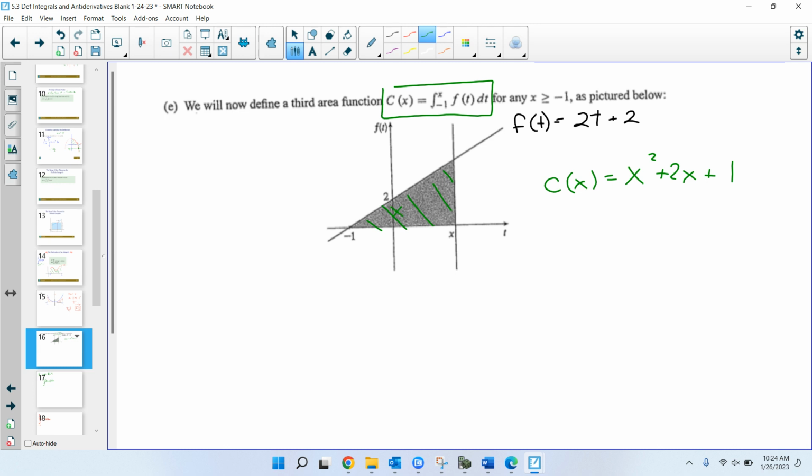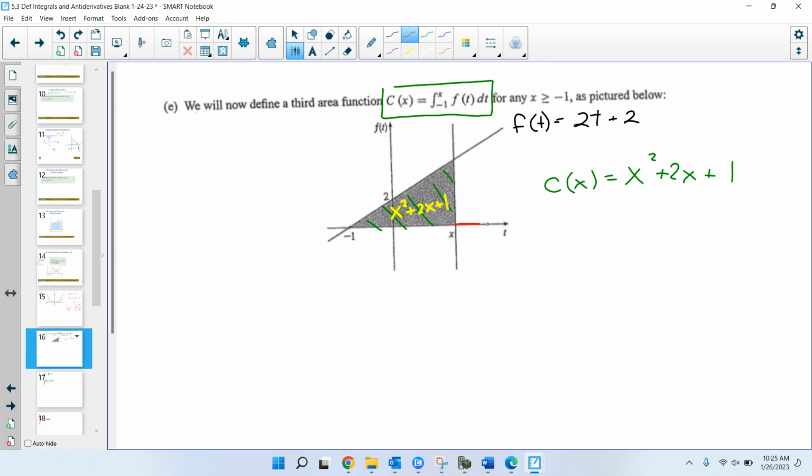That, x squared, not a good color choice. A little thick. Third time's a charm. That's the area function in there, isn't it? Let's see if it works.